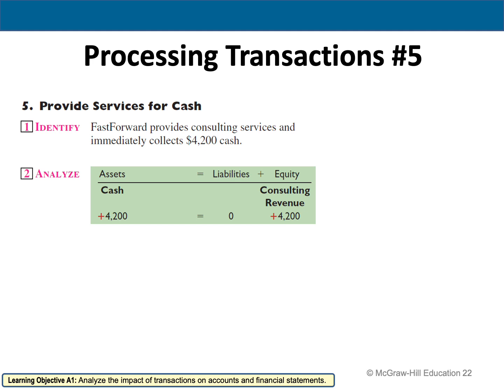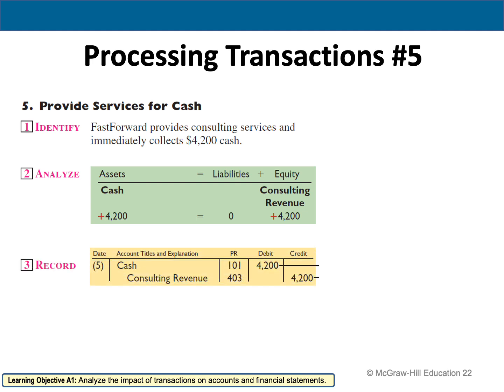So how am I going to record it in the journal entry? I'm going to say cash to consulting revenue. Why do I start with the cash in the first line? Because the first line always represents the account on the debit side. Why revenue on the second line in the journal entry? Because revenue's normal balance is credit and the revenue is increasing, and the second line always represents the credit account that should be recorded.